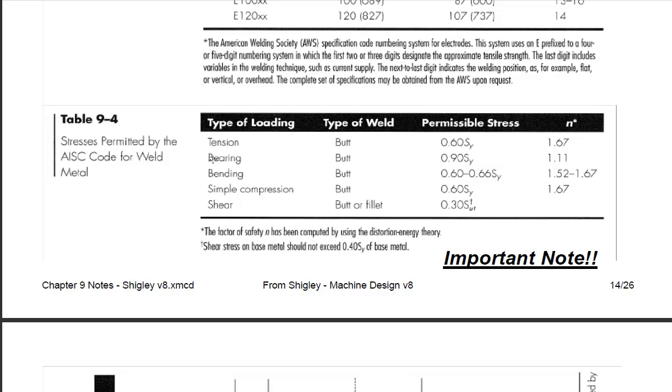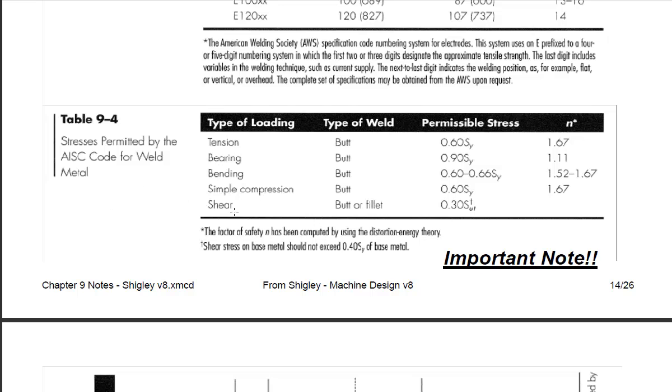If we have butt welds in bearing, because that is in compression, we can take that up to 90% of the yield strength. If we have butt welds in bending, we can take that again up to 60% of yield strength, and we're talking only about butt welds.